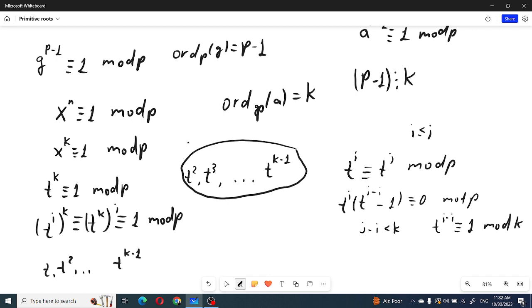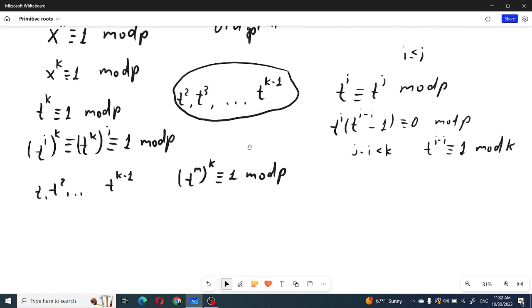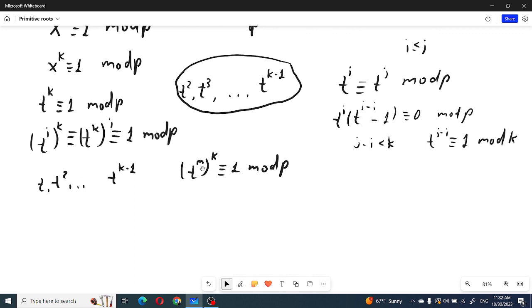If we take any number m which is coprime to k and less than k, then t to the m to the k power clearly will give us 1 mod p, and for t to the m, k must be the order. Otherwise, we will get a contradiction, since m must have some GCD more than 1 with k.